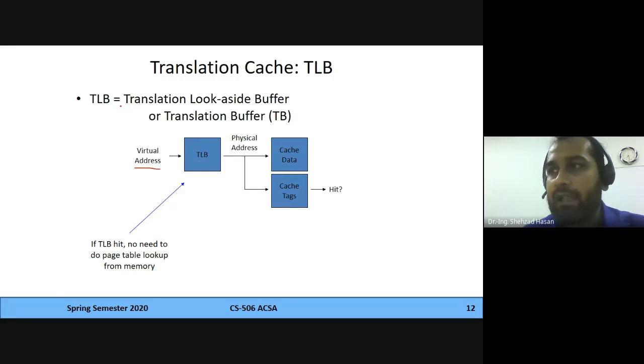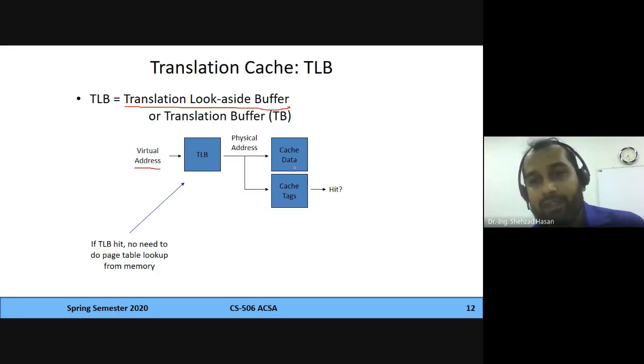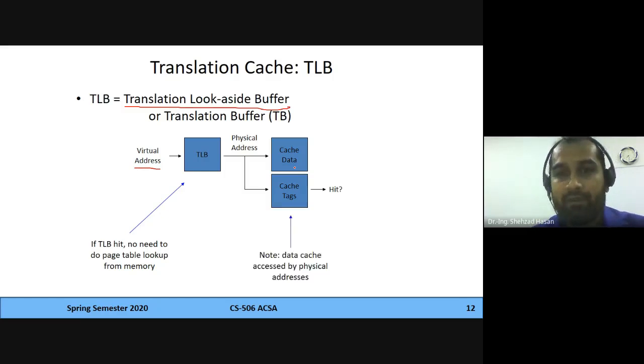We call that a translation look aside buffer, which holds the translation, sometimes only called translation buffer. And then we are going to access the cache using this physical address. So once you have converted that virtual address into the physical address, now you can access the cache as you were doing previously, right?